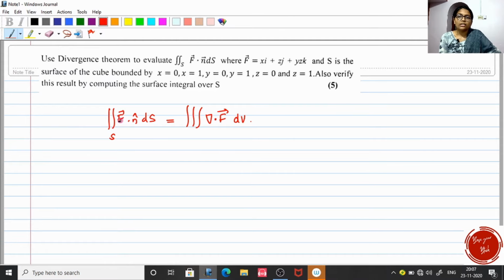This surface integral has to be calculated and we will get one value, and the same value should be got from the RHS, that is the triple integral over V, where V is the volume bounded by this cube. In that we need to integrate the divergence of this particular function F. So let's start doing it.